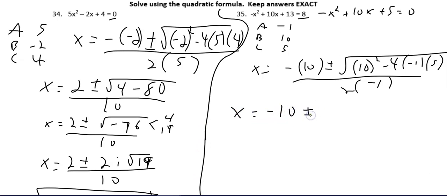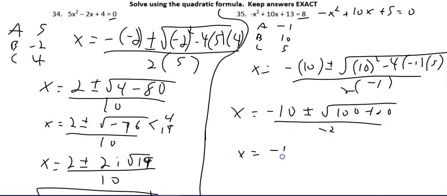Plus or minus 10 squared is 100. Now negative 4 times negative 1 gives me positive 4. Times 5 is positive 20. All over negative 2. So that leads me to negative 10 plus or minus the square root of 120 over negative 2.